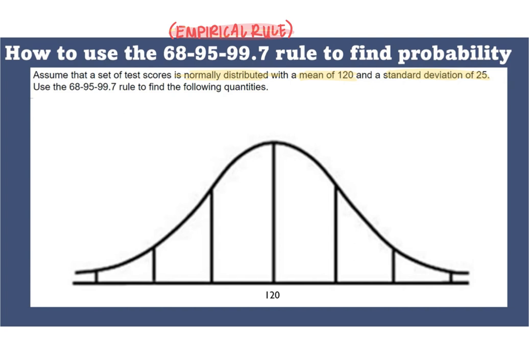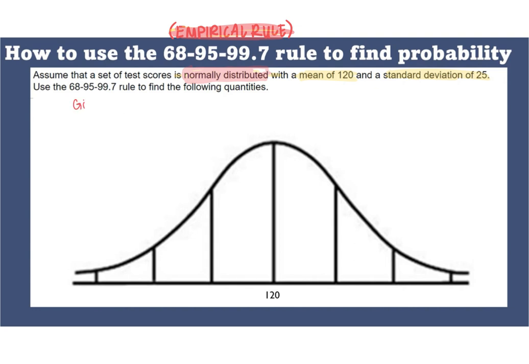Now, to dissect this problem a little bit, when it says normally distributed, okay, that means this rule can be used. And for all your problems in this lesson today, you will only get the normally distributed, okay? So you'll be able to use the normal bell curve.